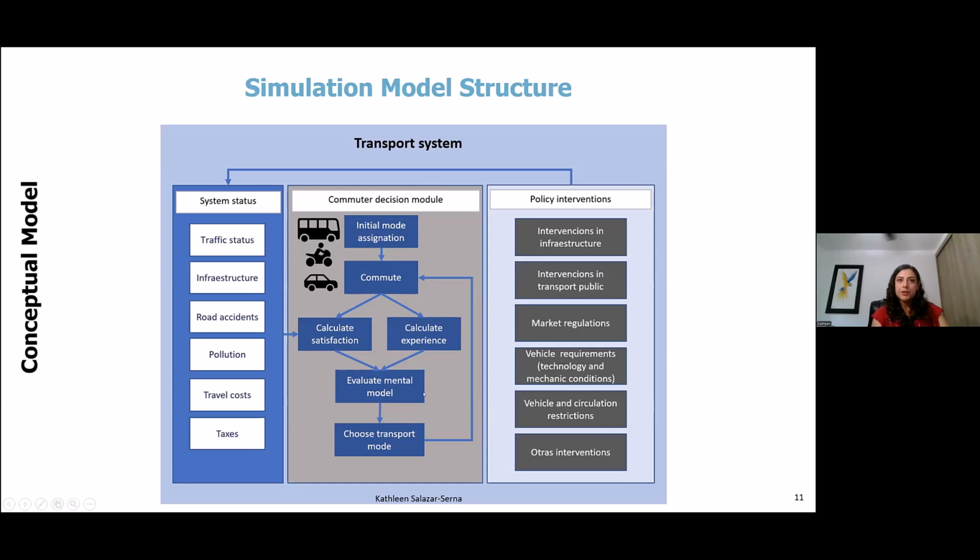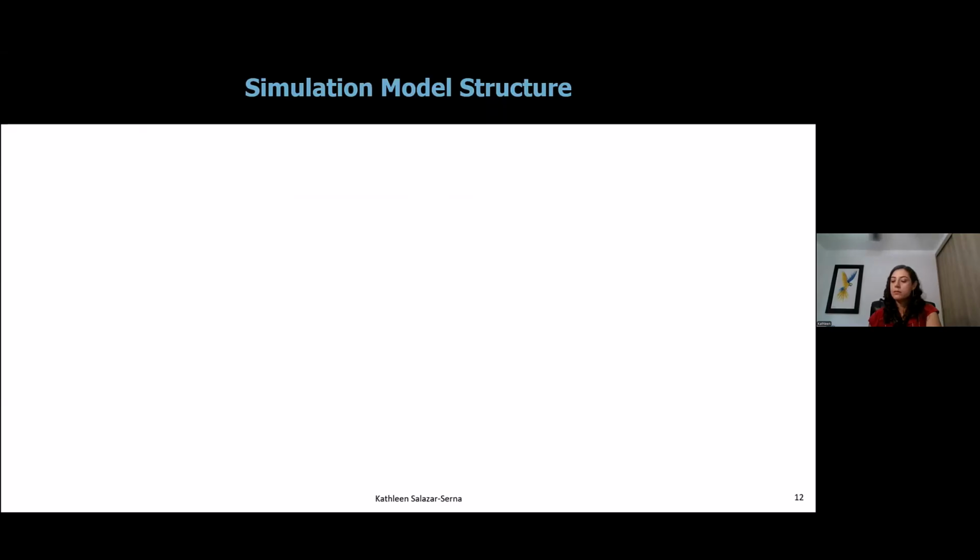With this information, they evaluate their mental model and either repeat the same mode or change for another one, and so on. So these interventions here can influence in the satisfaction of agents, ending up in a different selection of mode. So basically, this is the way the model works.